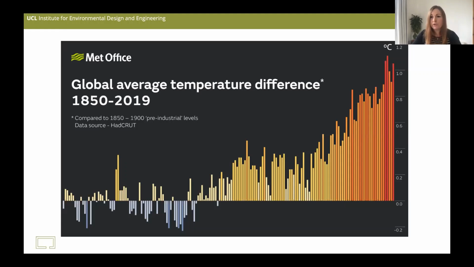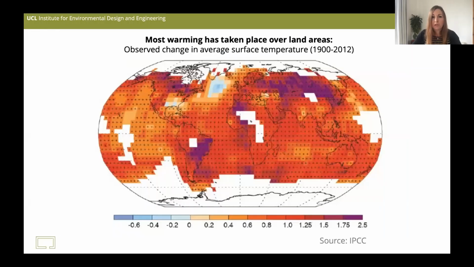Although it's 1 degree on average, if we look at a spatial view of changes in temperature, you can see that over the last century, most warming has taken place over land areas, and it's rather higher than just a simple 1 degree uniform rise. Some parts of the world are experiencing temperatures more like up to 3 degrees. And obviously this has impacts on the population who live in these areas with rising temperatures.